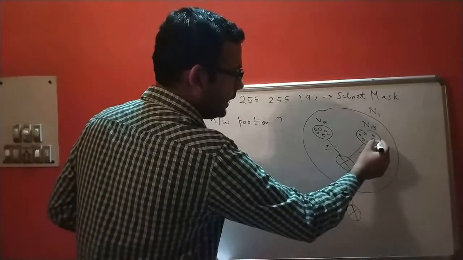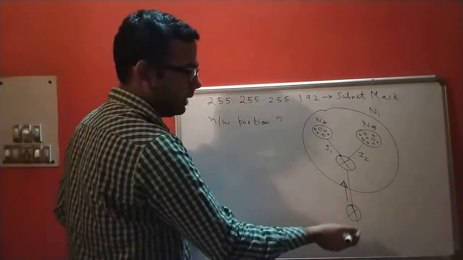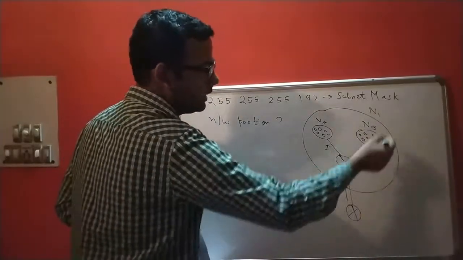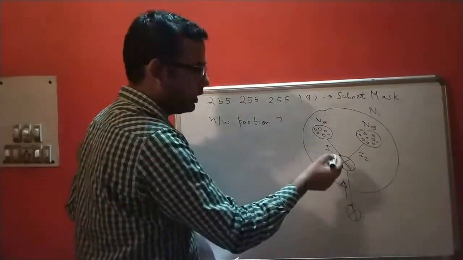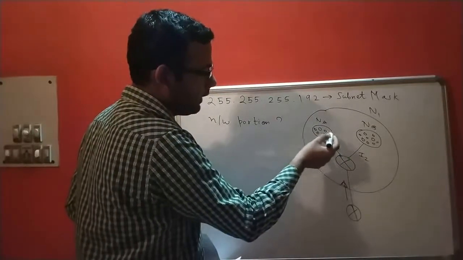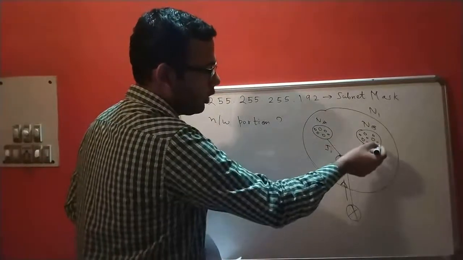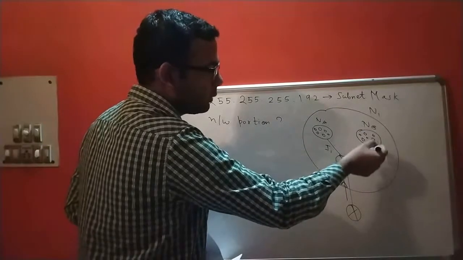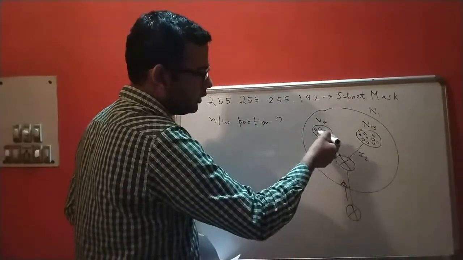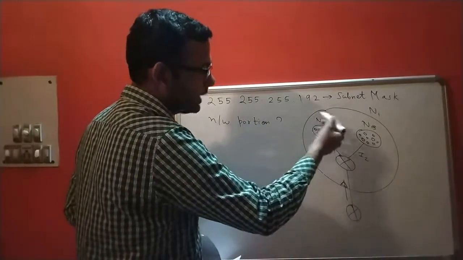Incoming packets to this entire network N1 have to be routed to either devices present in subnetwork NA or devices present in subnetwork NB.